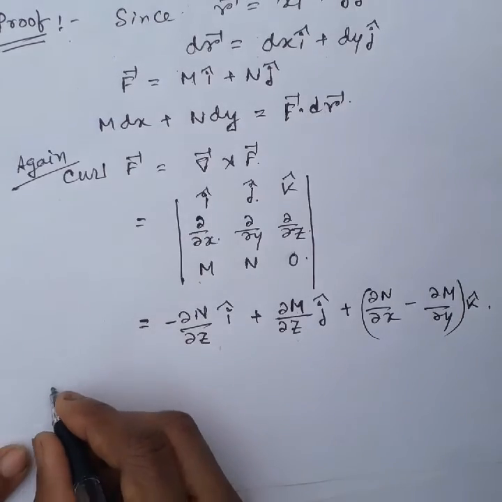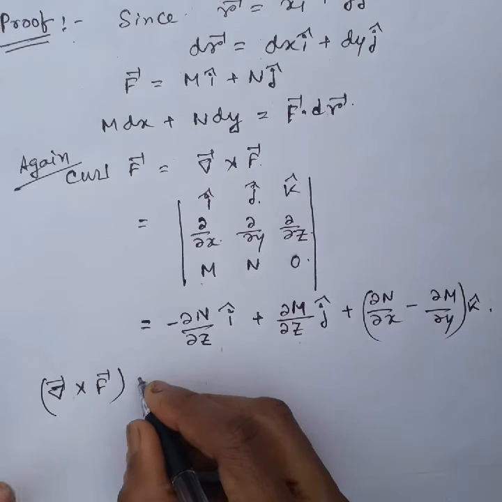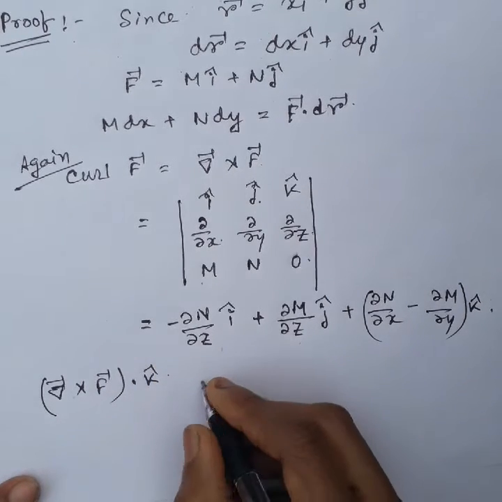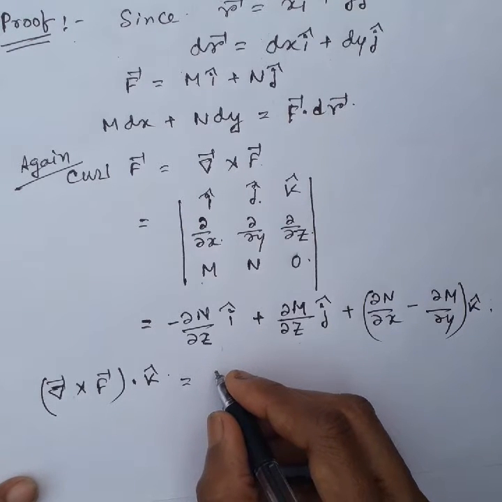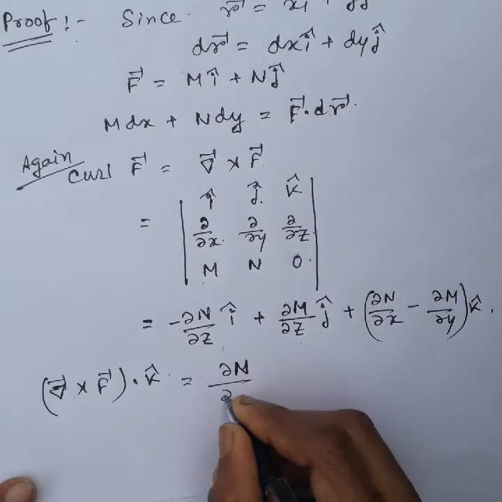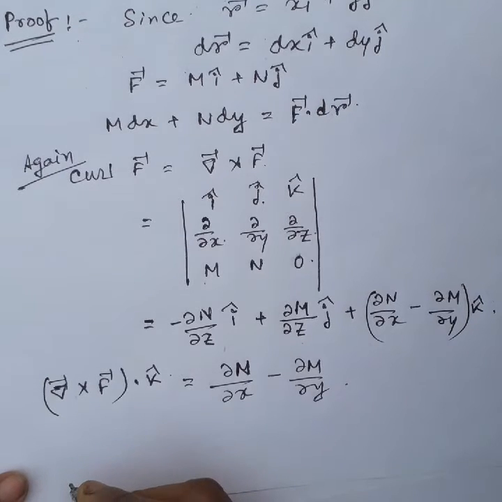So now we find grad cross f, the curl of f, dot product with k. This equals del n del x minus del m del y.